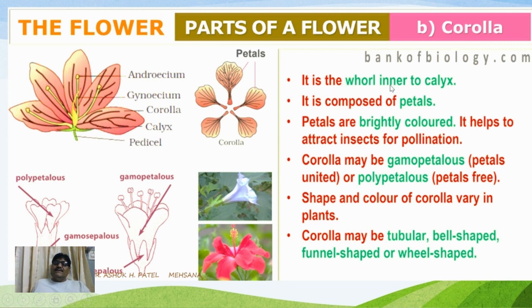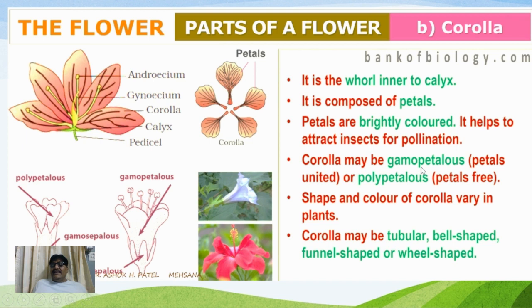The corolla is situated as the second inner structure, and petals compose the corolla. Petals are brightly colored in various colors, and help to attract insects for pollination.